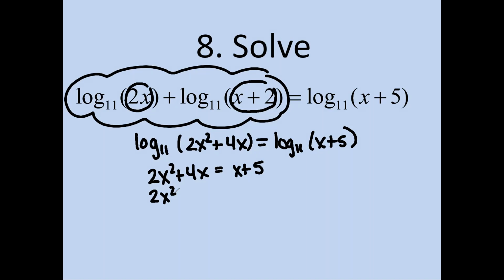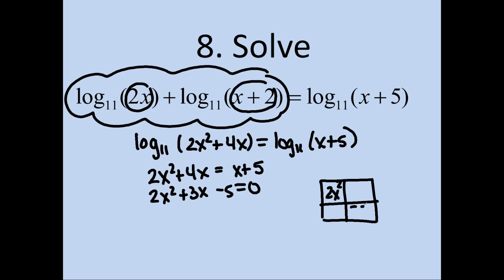And let's see, I'm going to minus x from both sides. So I get a plus 3x. I'm going to minus 5. And then I'm going to see about factoring this. So I've got a 2x squared and a negative 5, a negative 10x squared and a 3x.